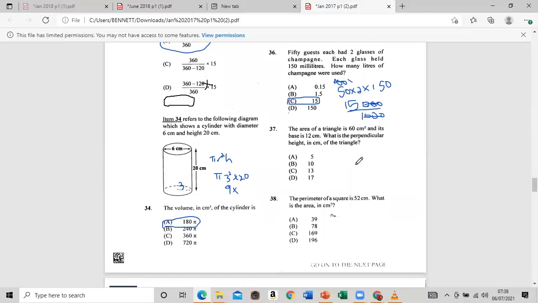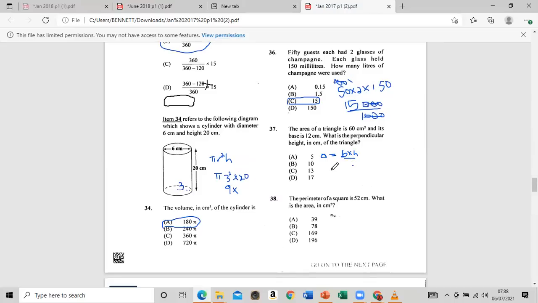All right, the area of a triangle is 60 centimeters squared and its base is 12. What is the perpendicular height of the triangle? So we can use trial and error, or we can just say area is equal to base times height divided by 2.